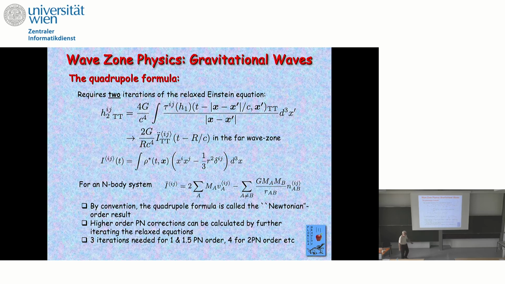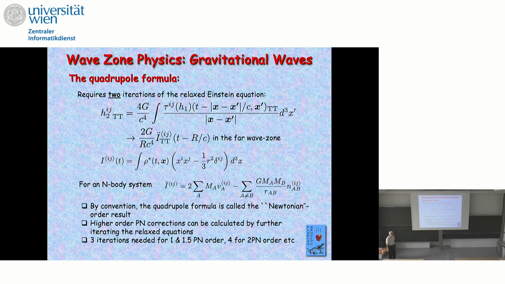It's not really Newtonian, of course. Newtonian theory doesn't have waves. Everything is instantaneous in Newtonian theory. But because it's the lowest order part, it just depends very simply on this simple Newtonian quadrupole moment and its time derivatives. It's now become a convention to say this is the Newtonian part of the gravitational waves.